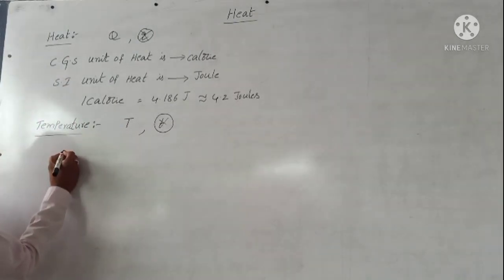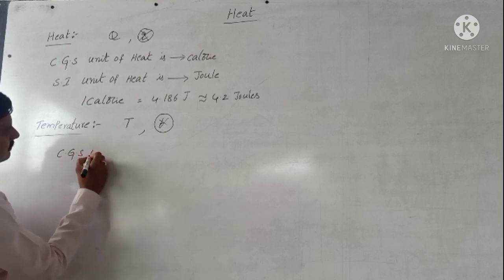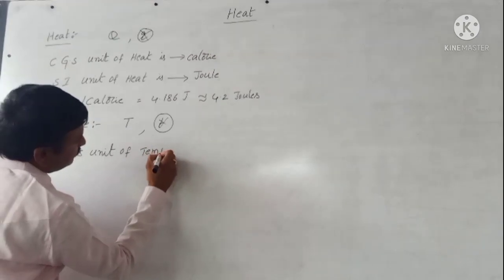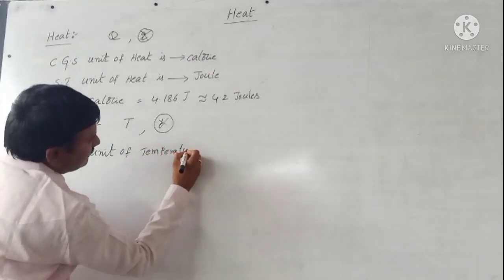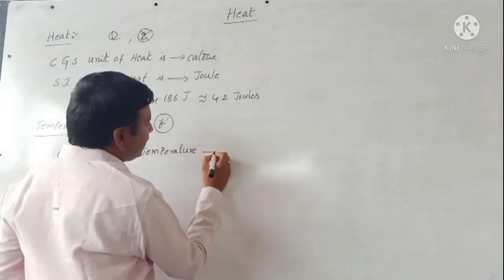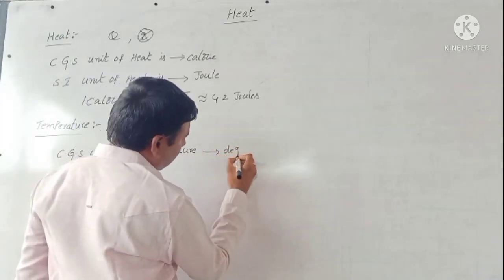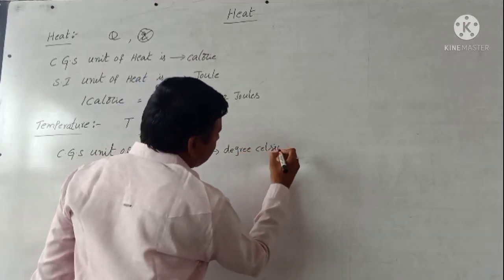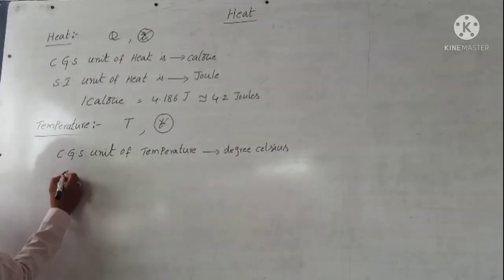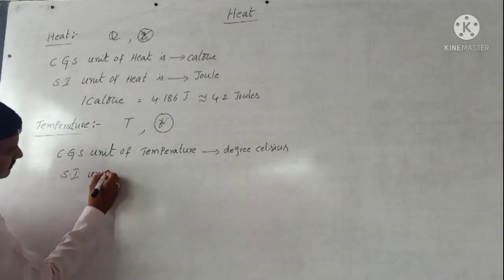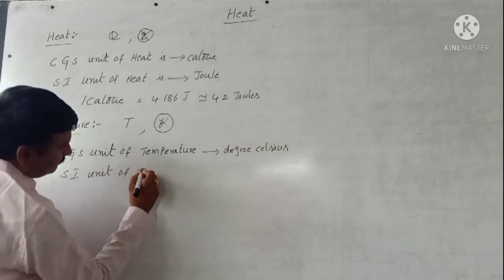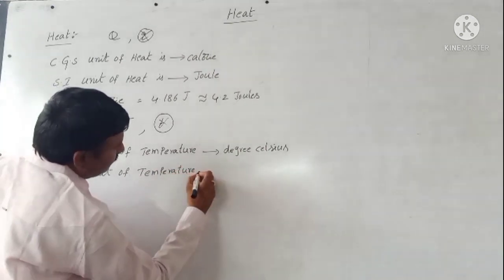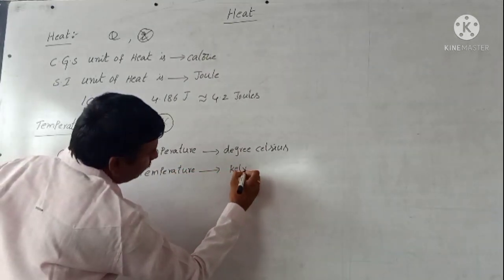CGS unit of temperature is degree Celsius, and SI unit of temperature is Kelvin.